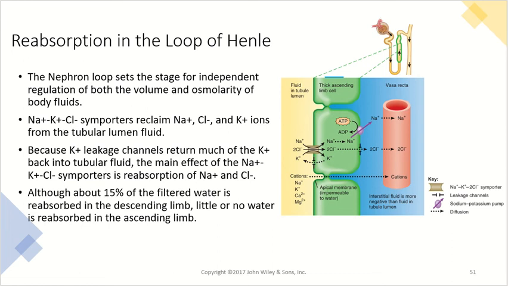And because potassium leakage channels are going to return much of that potassium back into that tubular fluid, the main effect of these sodium, potassium, chloride symporters is going to be the reabsorption of sodium and chloride. So although about 15% of the filtered water is going to be reabsorbed in the descending limb, there's going to be little to no water actually reabsorbed in the ascending limb.